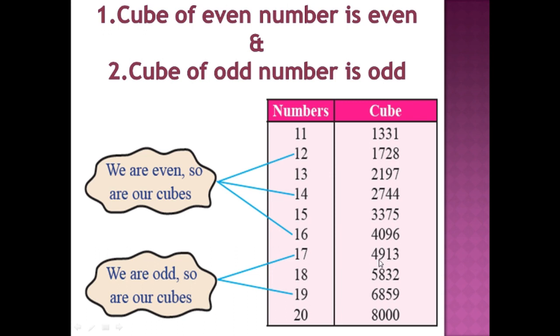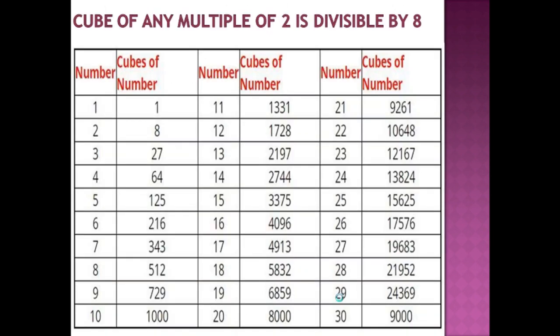This is an odd number because this number cannot be divided by 2. Similarly, 19 is an odd number, and if we cube 19, we will get 6859, which is also an odd cube number.